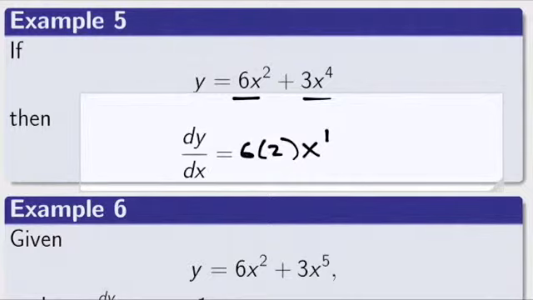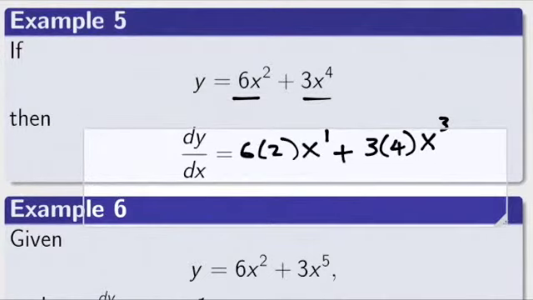Before subtracting 1 from the index, we drop that index to the front, so 2 comes out the front, so 6 times 2 we have, and x raised to the power 1. And when we differentiate 3x to the power 4, we drop the index 4 to the front and we subtract 1 from the index, so 4 minus 1 is 3. So we have the answer 12x plus 12x cubed.